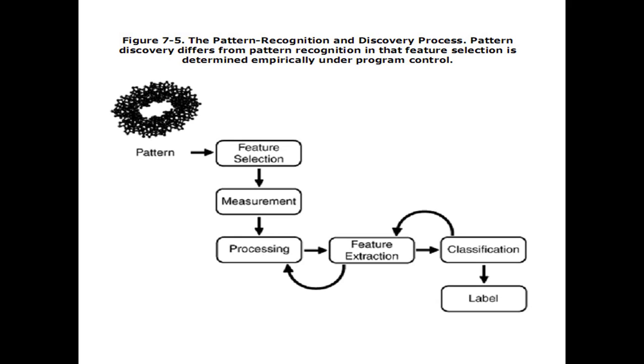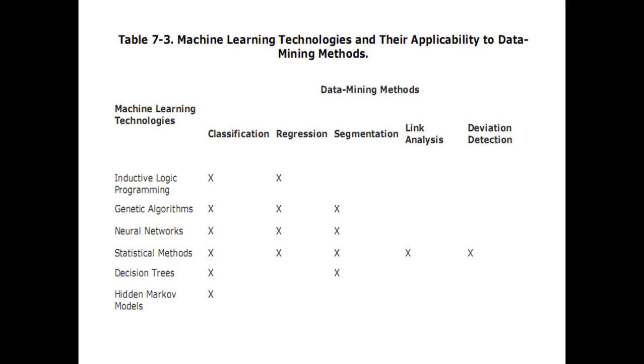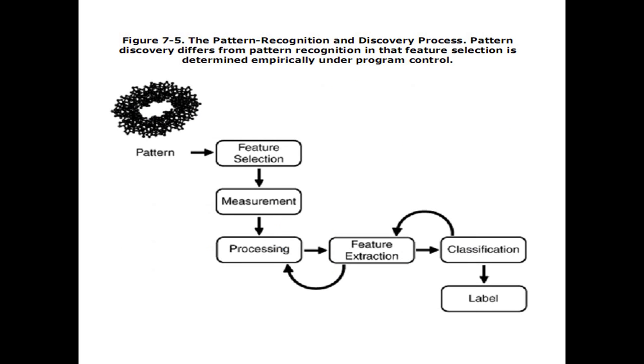So first we select the features. We select the features, we do the measurement, processing, then feature extraction, then we apply the method accordingly. We classify that. Suppose I got students from multiple, various backgrounds. Now I have done the classification.